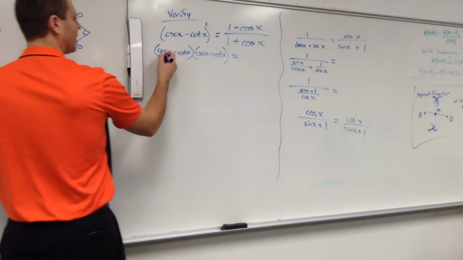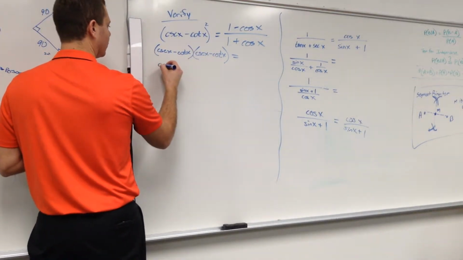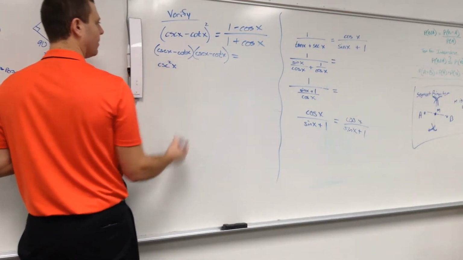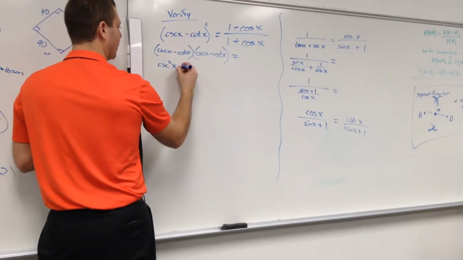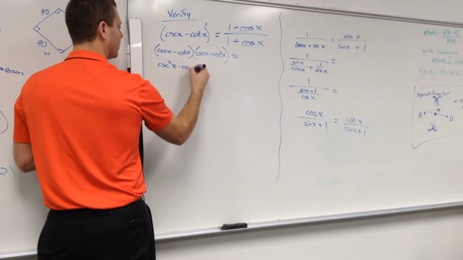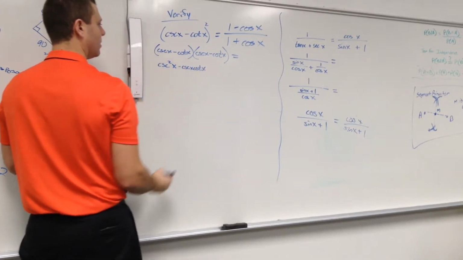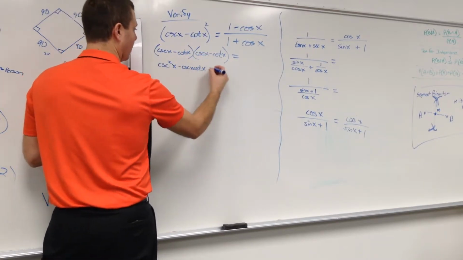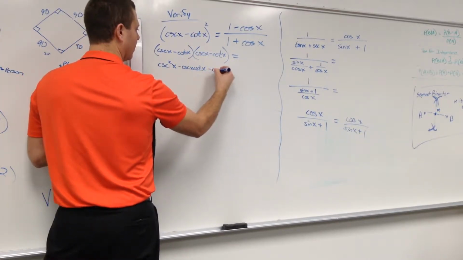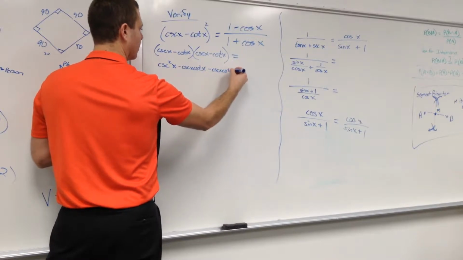Cosecant times cosecant is cosecant squared. Cosecant times a negative cotangent would be a negative cosecant cotangent. Then negative cotangent times cosecant would be another one of these, so negative cosecant cotangent.